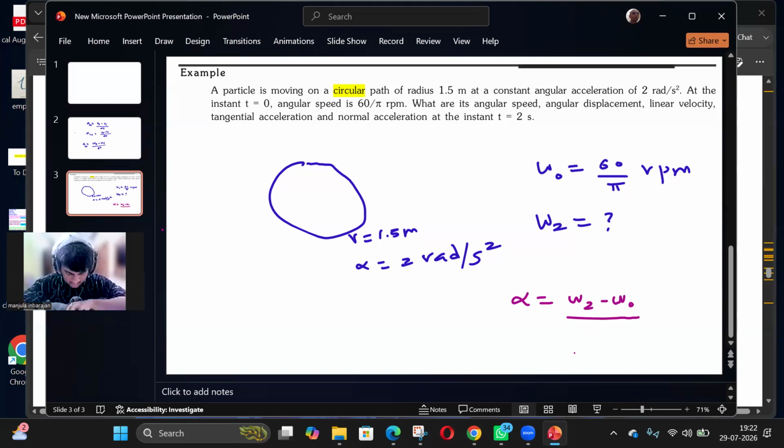Delta t. The time interval is 2 seconds. They are given at the instant of 2 seconds. So it's omega 2 minus omega 1. Get the answer.